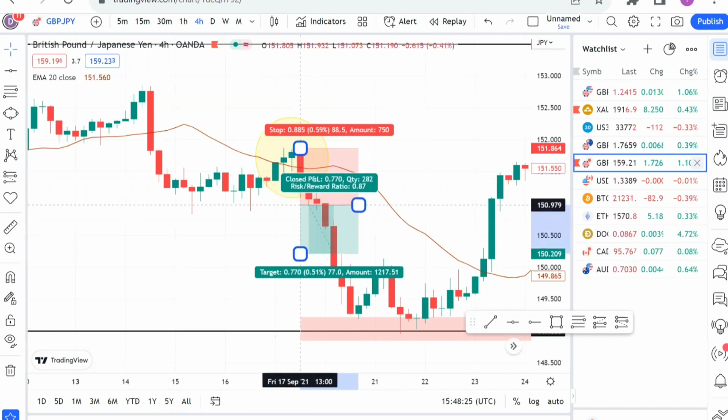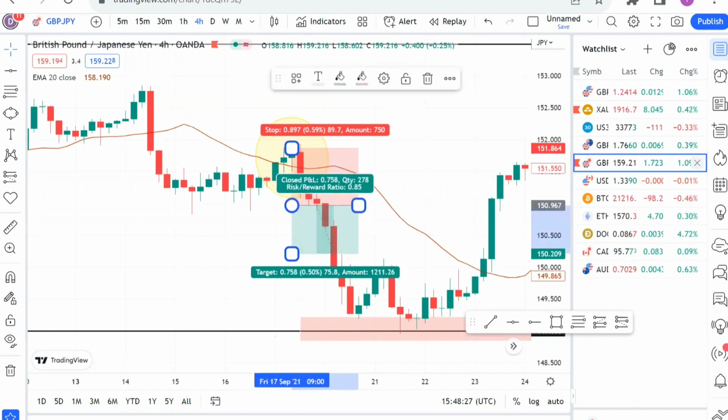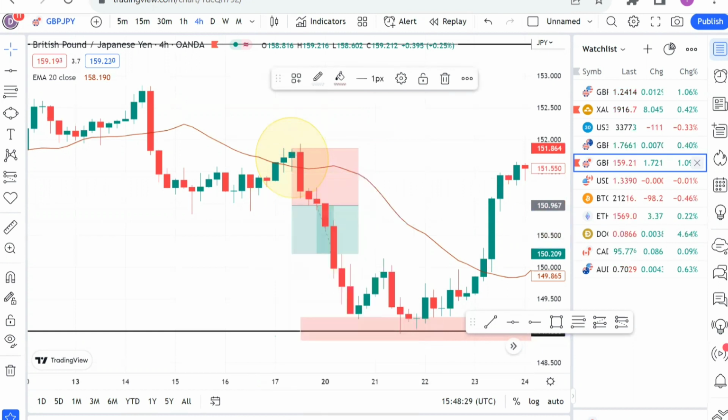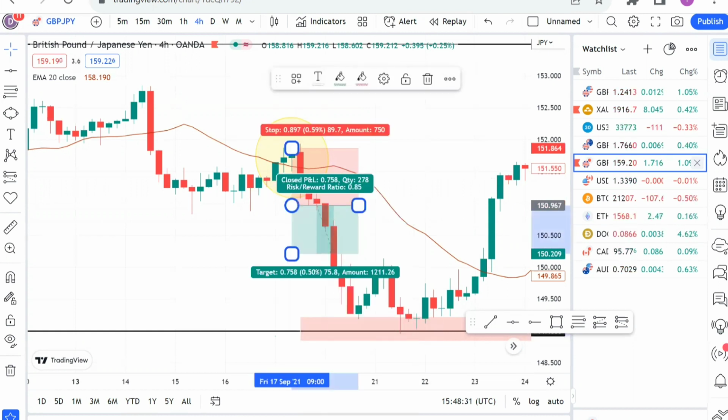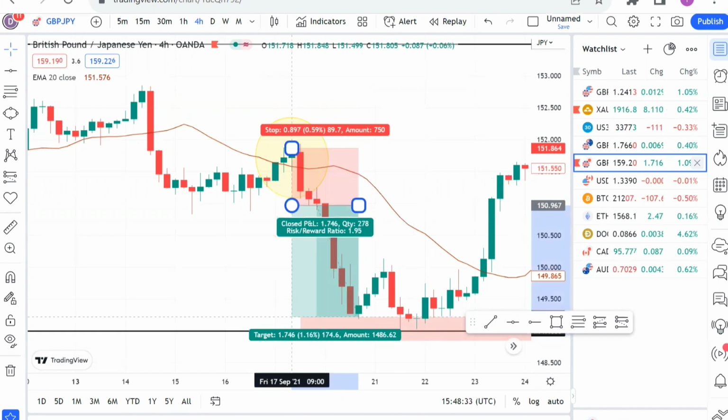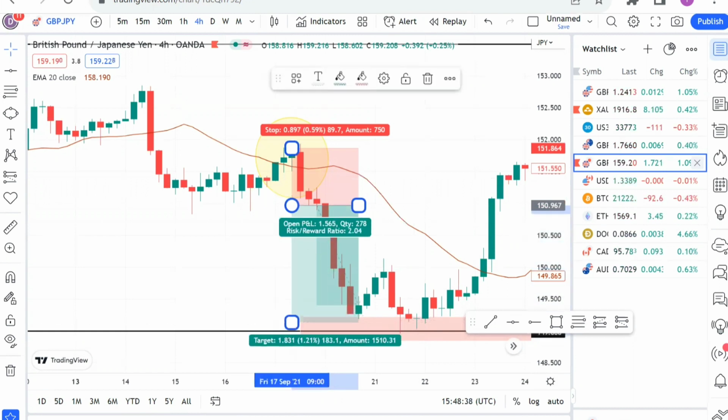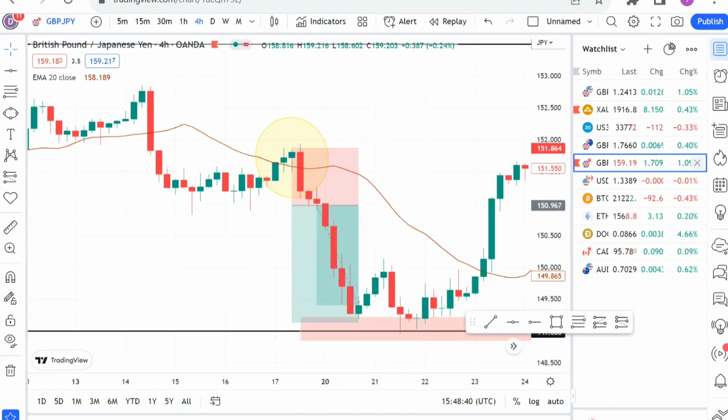Our TP will be right here. So yes guys, a beautiful 1 to 2 risk to reward trade. With the 3 line strike you can easily find sniper entries.